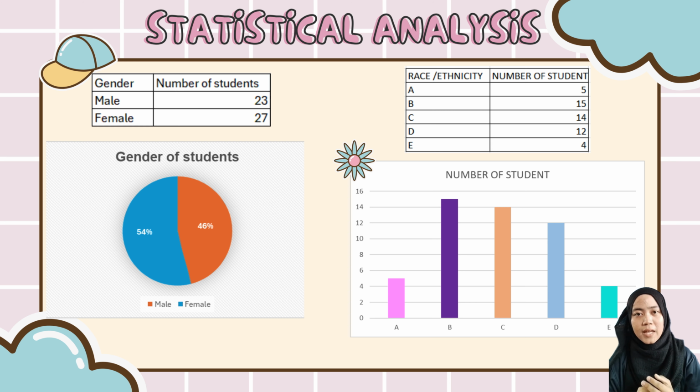Group A and Group E have the fewest students with 5 and 4 respectively. In conclusion, Group B has the highest number of students, totaling 15, while Group E has the lowest with only 4 students.